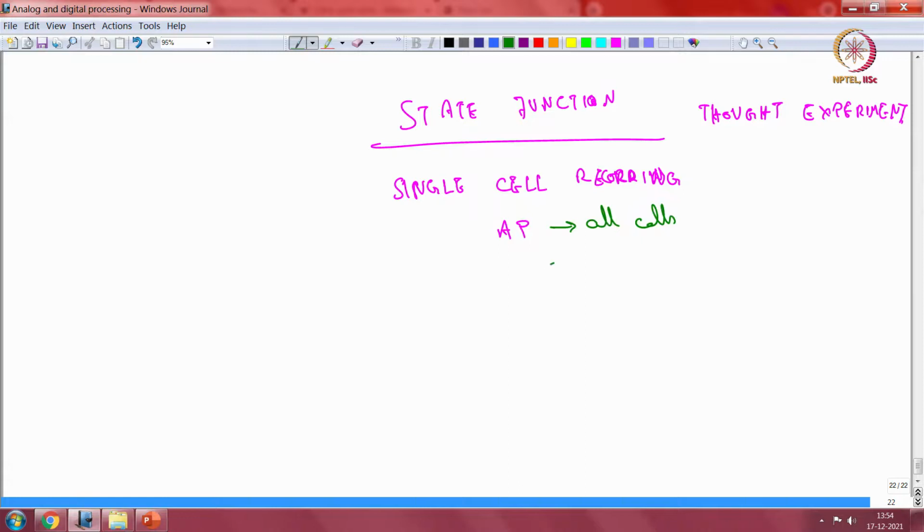Not only all cells, it should be at a single time point, because you need to know relative differences between signals at this one, and then you have to store all of that. So that would constitute a state function.